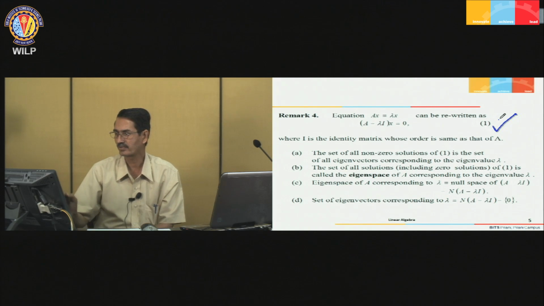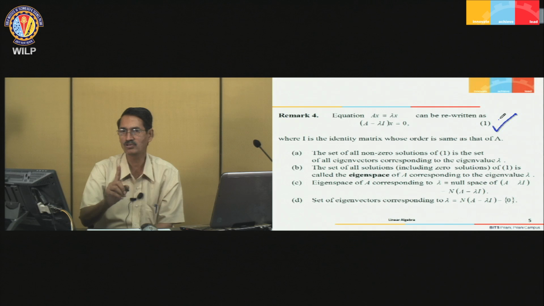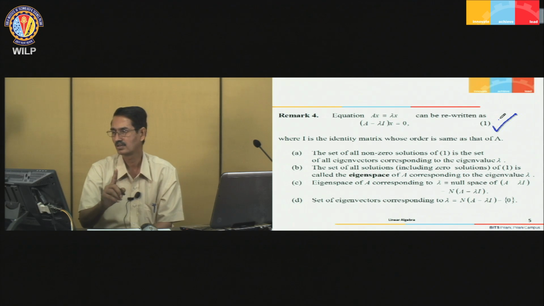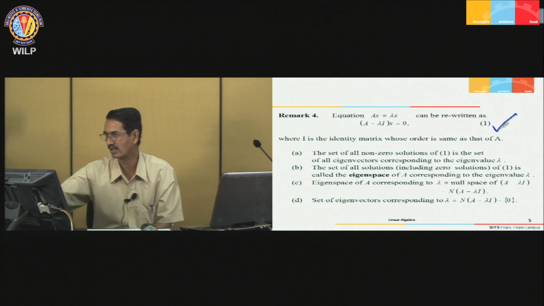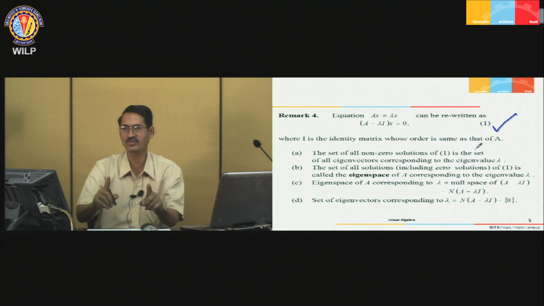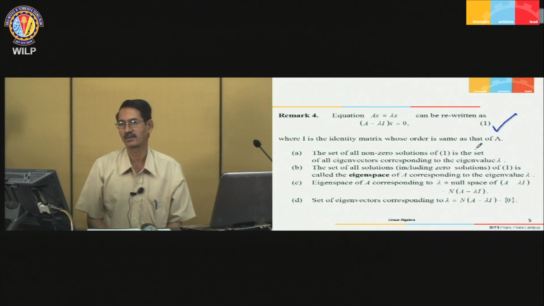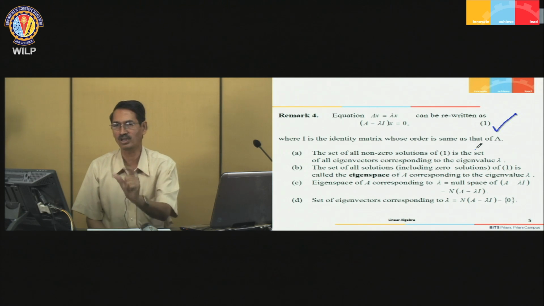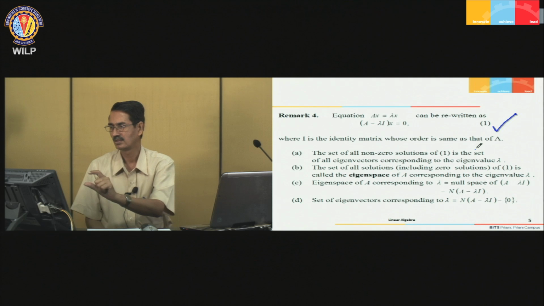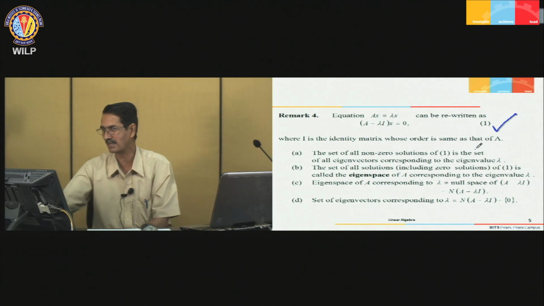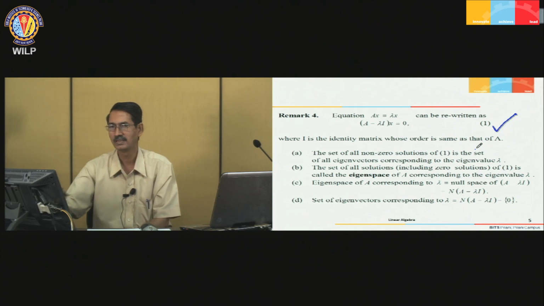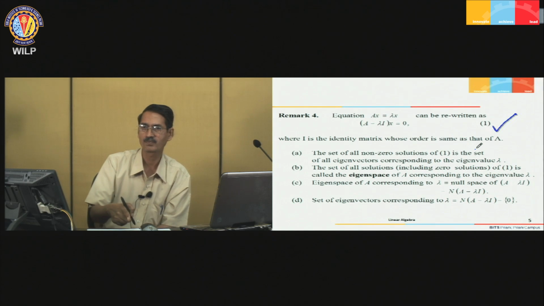And then the second word we are going to use is eigenspace. Eigenspace of the matrix A. Eigenspace means the set of all possible solutions of equation 1. The set of all possible solutions of equation 1 is called the eigenspace of the matrix A. Remember here, it is the set of all possible solutions, and in this first equation, A minus lambda I times x is equal to 0, x equal to 0 is always a solution.